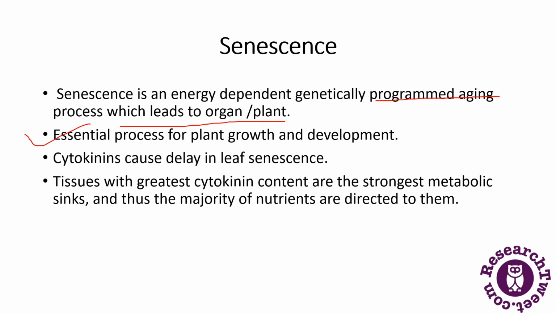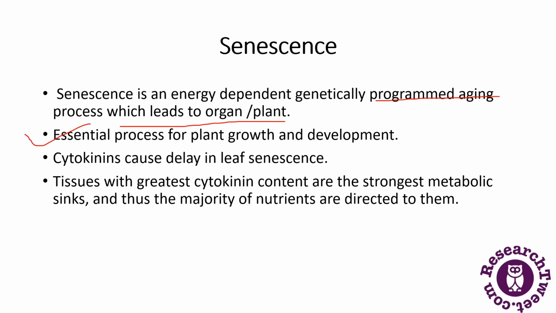So the spot treated with cytokinin will remain green, while the other part of the leaf undergoes programmed aging, but the treated area will stay green for a long period of time.